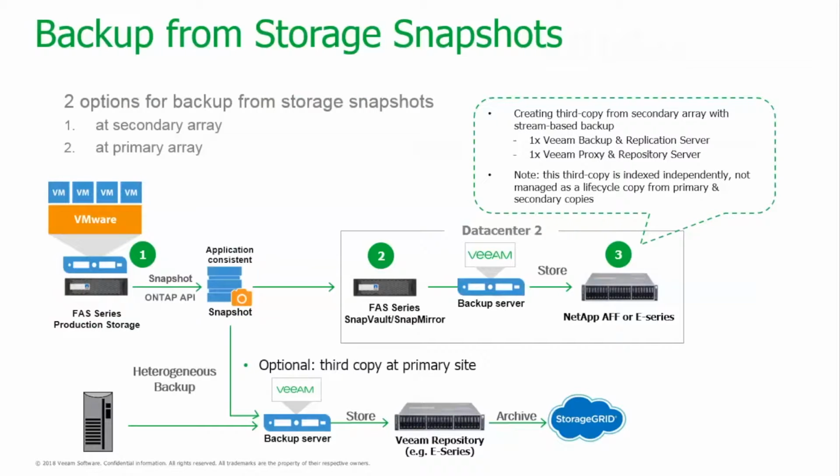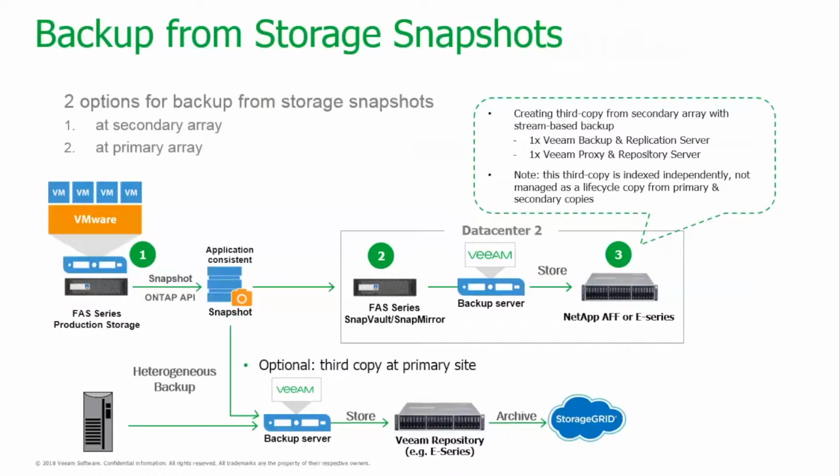You may have multiple arrays and already be leveraging SnapMirror and SnapVault, and it may be preferred to do backups from a second data center, which would be those SnapMirror snapshots. Once I get into the demo lab, I'll show you what this looks like in terms of configuration. But it simply means that Veeam will take a backup from a SnapMirror, for example, rather than from a snapshot on the production array.